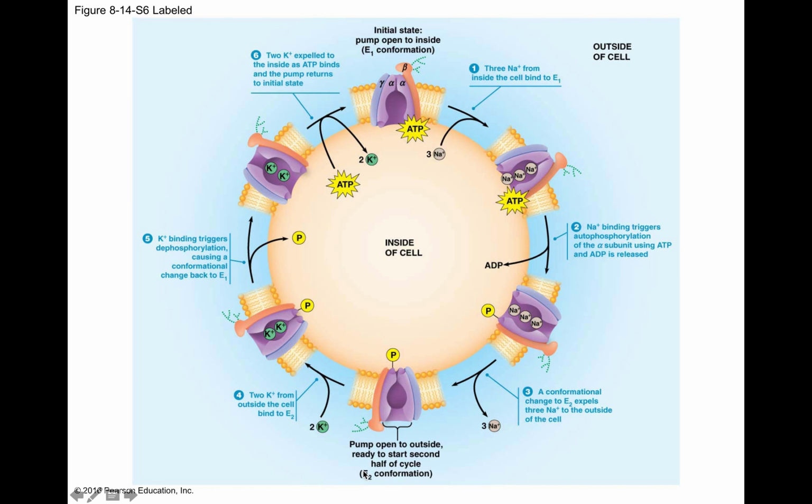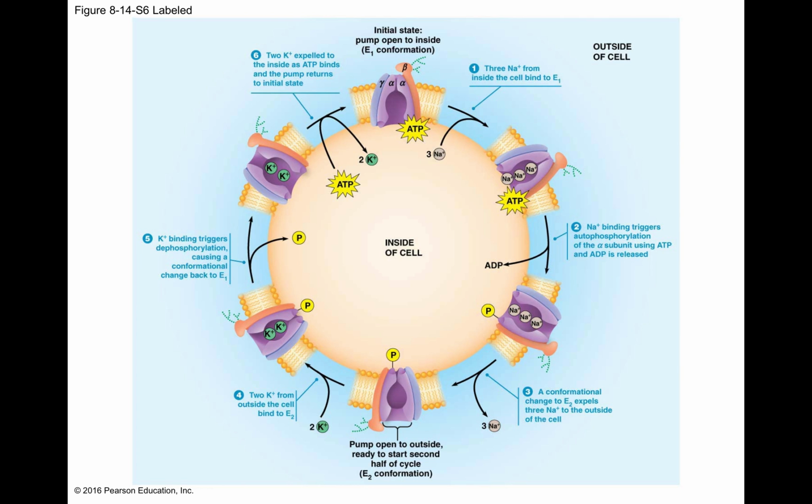So this is against its concentration gradient. At the same time, it creates a high affinity potassium binding site and moves that potassium by releasing that phosphate into the cell where there's already high potassium inside the cell.